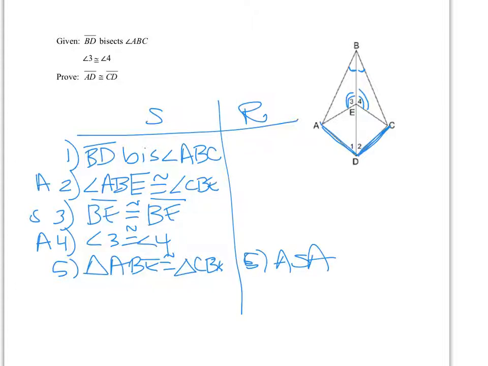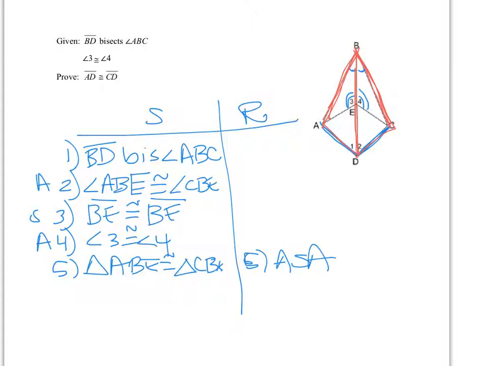So now we have those two smaller triangles congruent. We can now use CPCTC to get these big triangles congruent. And it looks like we're going to have to do it by SAS.